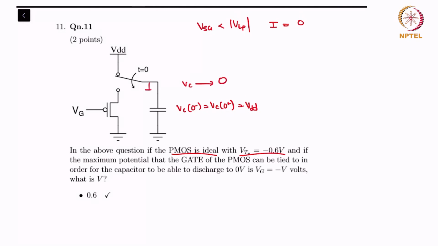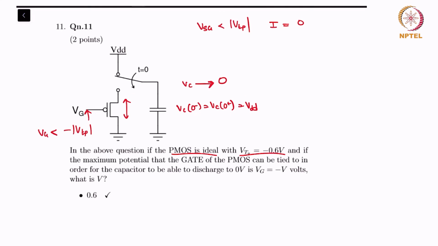So for any value of Vg that is less than minus mod VTP, this can go all the way down to 0.